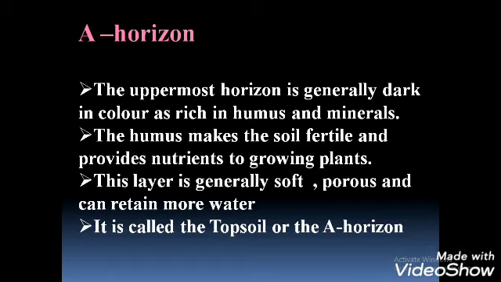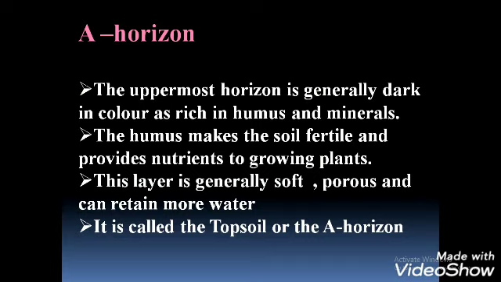Yes, dead, rotting particles. The humus makes the soil fertile and provides nutrients to growing plants. This layer is generally soft, porous and can retain more water. It is called the topsoil or the A horizon.